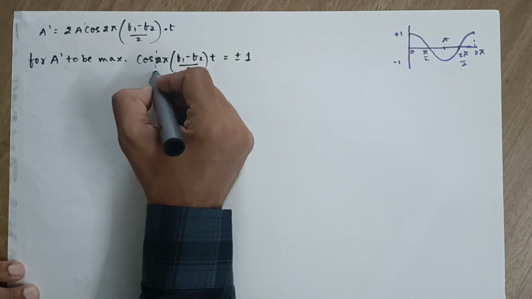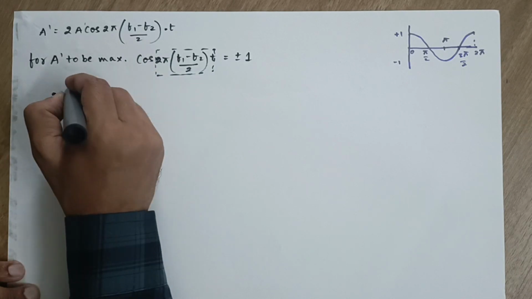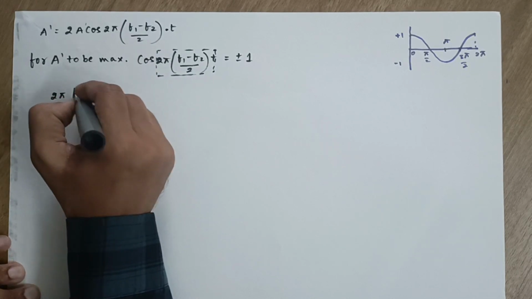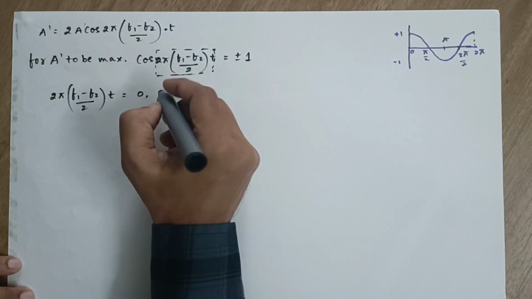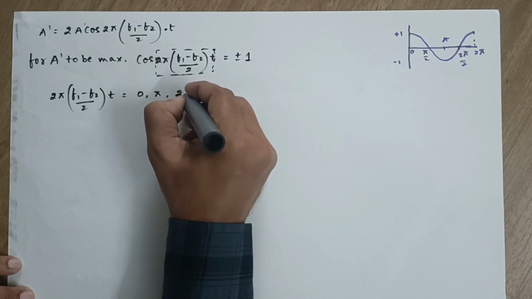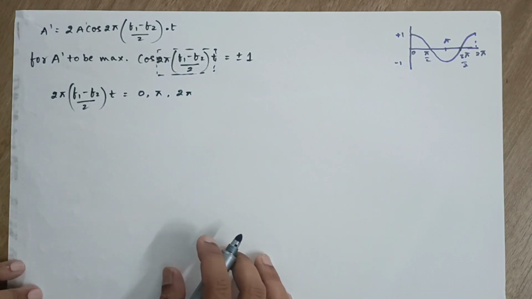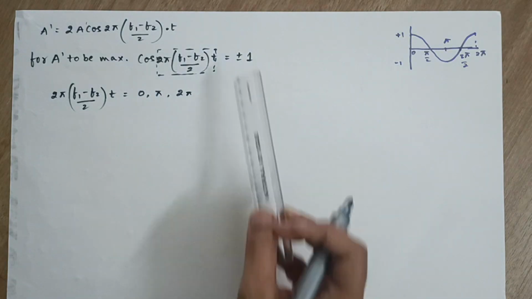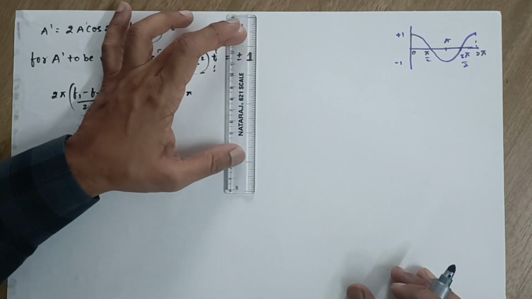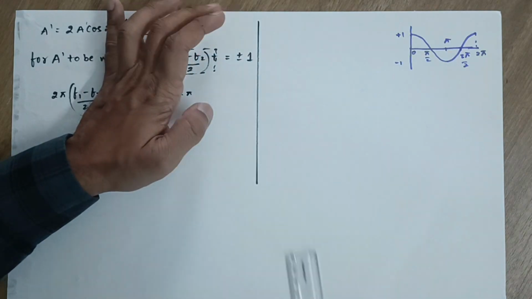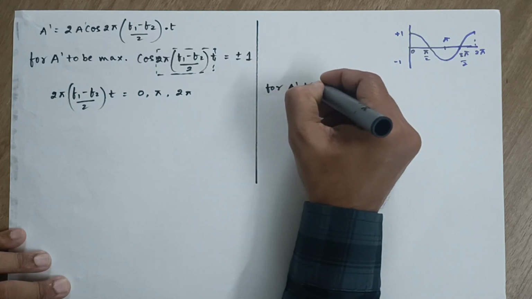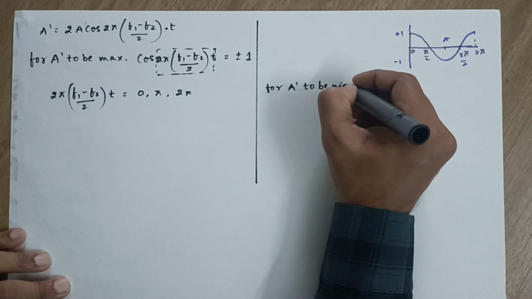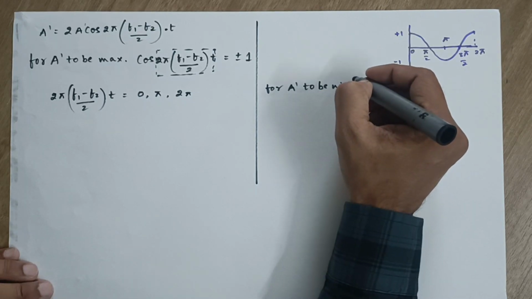So this whole angle, that is 2 pi (f1 minus f2)/2 times t, should be equal to either 0, or pi, or 2 pi, right? And let me simultaneously also talk about the minimum part as well. For A dash to be minimum, that means the sound is 0, the amplitude is 0.